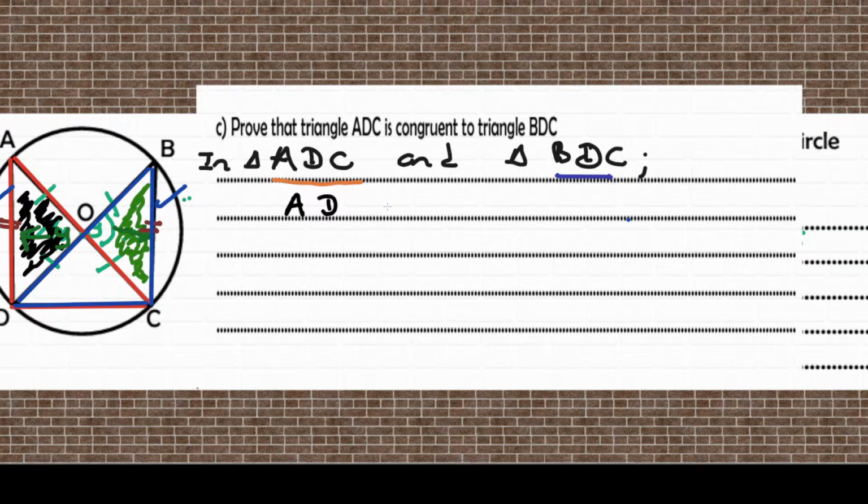How do we know that AD is equal to BC? Did they say? No, they didn't give us. That's what we found out. Why? In part B, we showed AD is equal to BC. They are corresponding sides of congruent triangles.